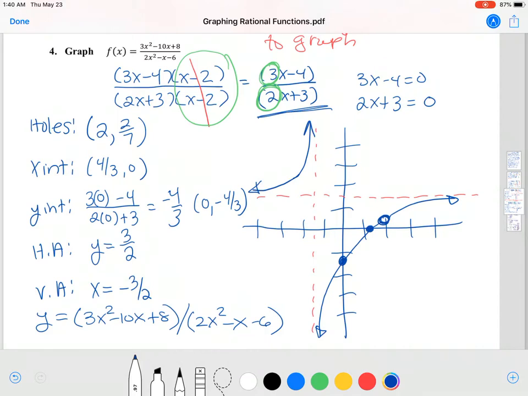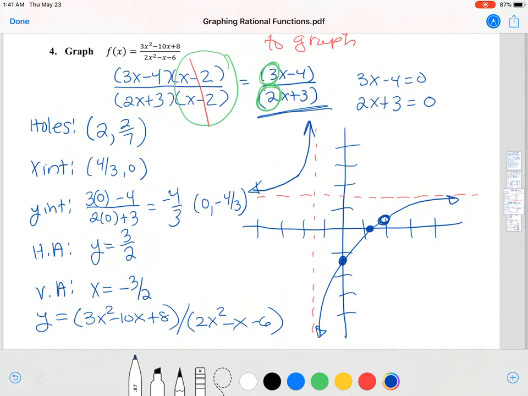Now, something to keep in mind when you're looking at your graphing calculator, the graphing calculator doesn't have the capability of actually showing you the hole on the graph. So when you look at your graphing calculator, if you don't see a hole there, don't panic.